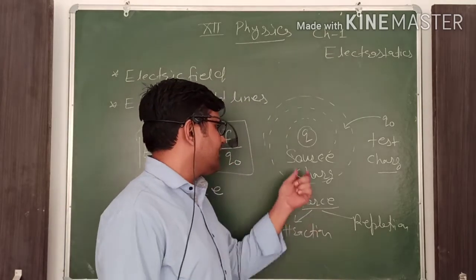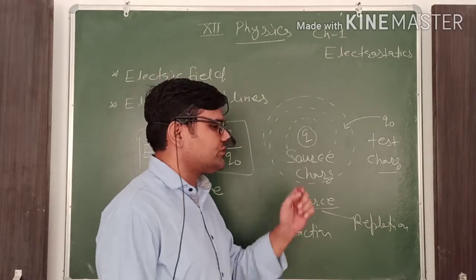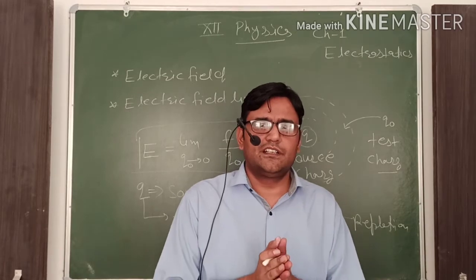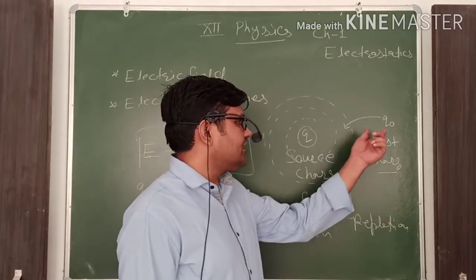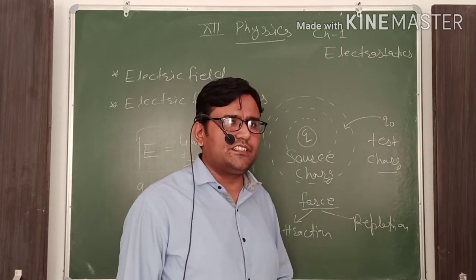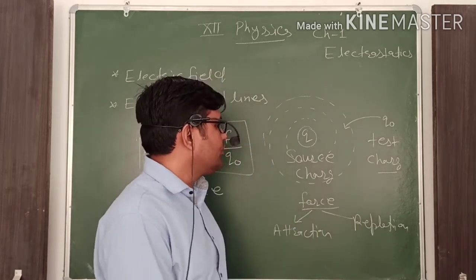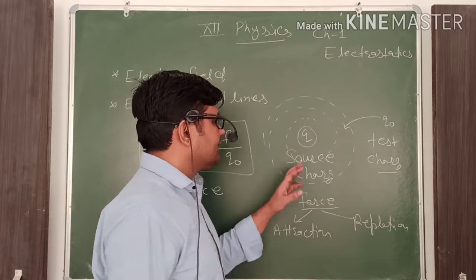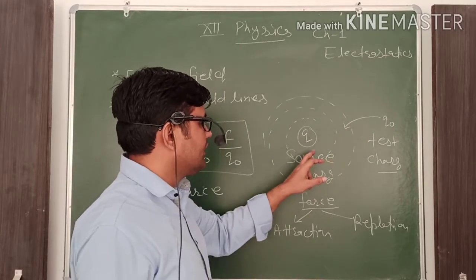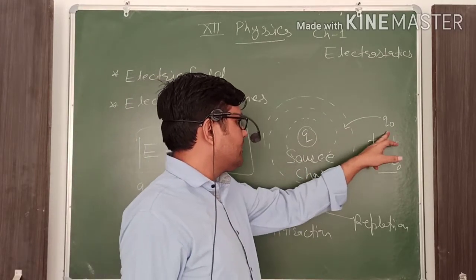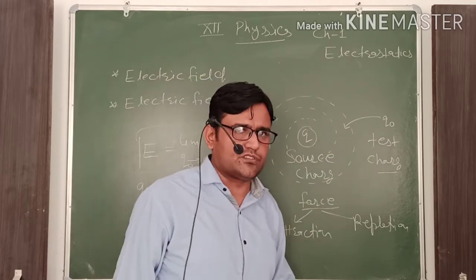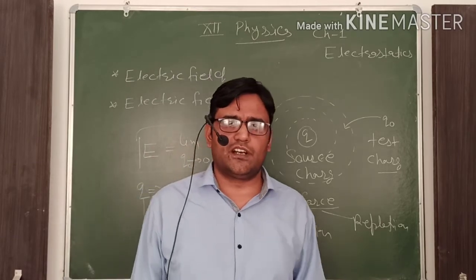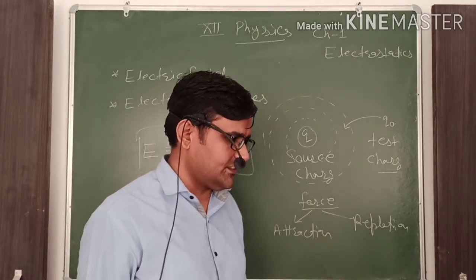If we consider a negative charge as the source charge, then this negative charge directly attracts the other test charge. It means there is no need for an electric field surrounding it, because there is always a force between the test charge and the source charge. That's why we always consider the source charge as a positive charge.